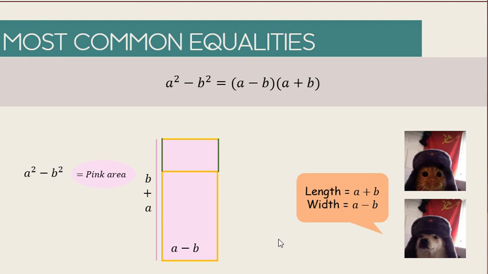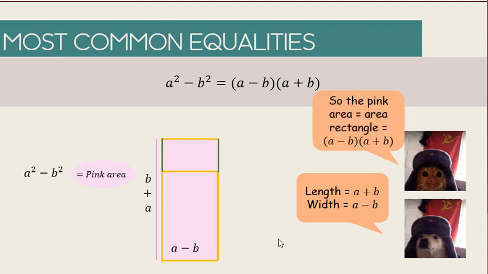Can you see that? Now we try to calculate the pink area with a different method. The pink area is equal to the area of the rectangle, which is the length times the width, and it gives the answer a minus b times a plus b. So I hope that you can see what I'm trying to do here. I'll try to calculate the same area, which is the pink area, by two different methods. The first method has the result of the left-hand side.